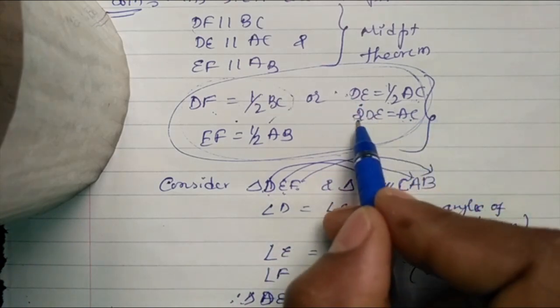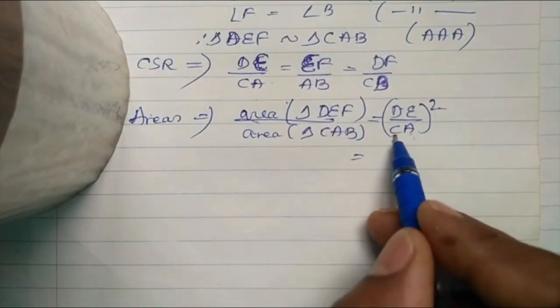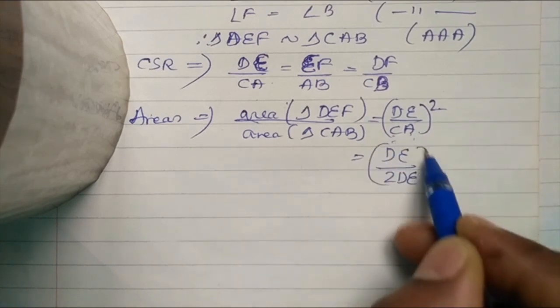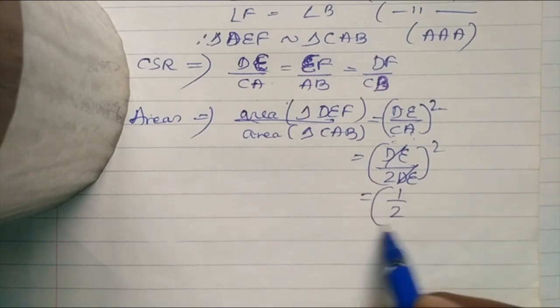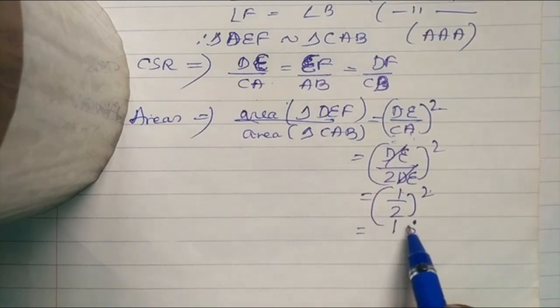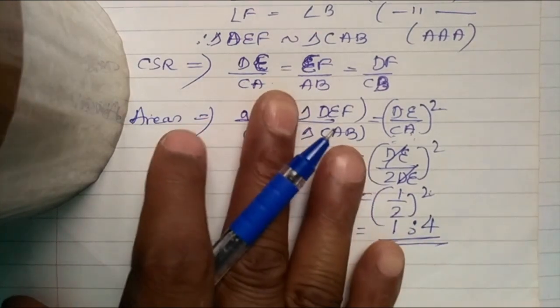In place of AC, what can you write? 2DE. AC is equal to 2DE. You put 2DE in place of AC. This DE, write as it is. AC is replaced by 2DE. DE cancelled. 1 by 2 whole square, 1 square is 1, 2 square is 4. Finally we get 1 is to 4.